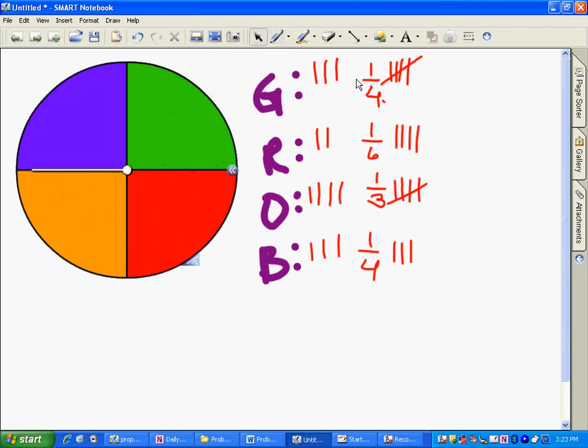Spin that one again. I don't know what side that landed on. You can see right here how it's evening out, even just since I've been doing it.